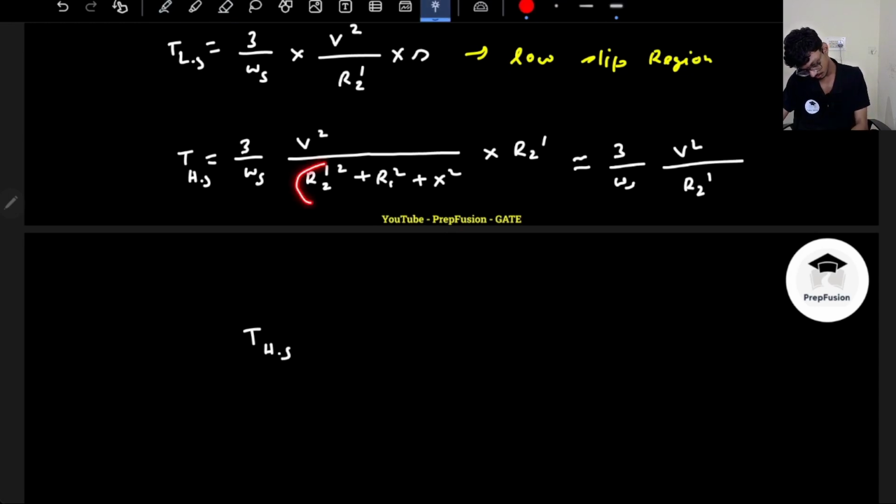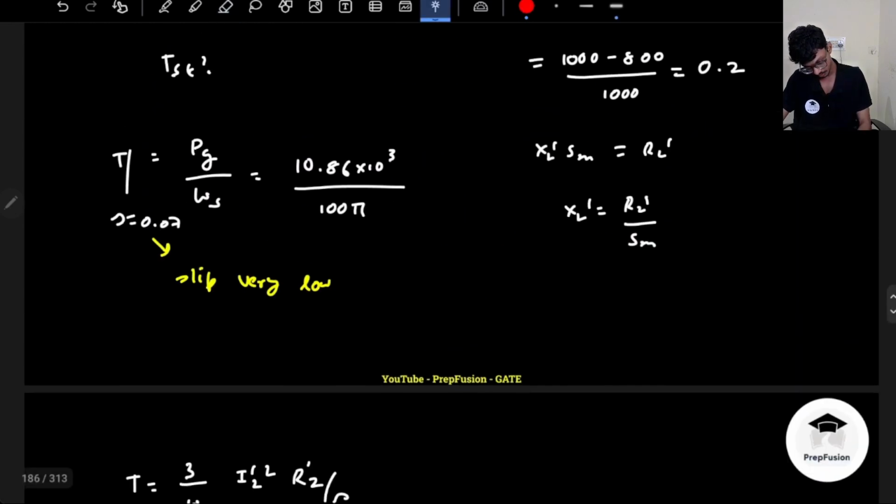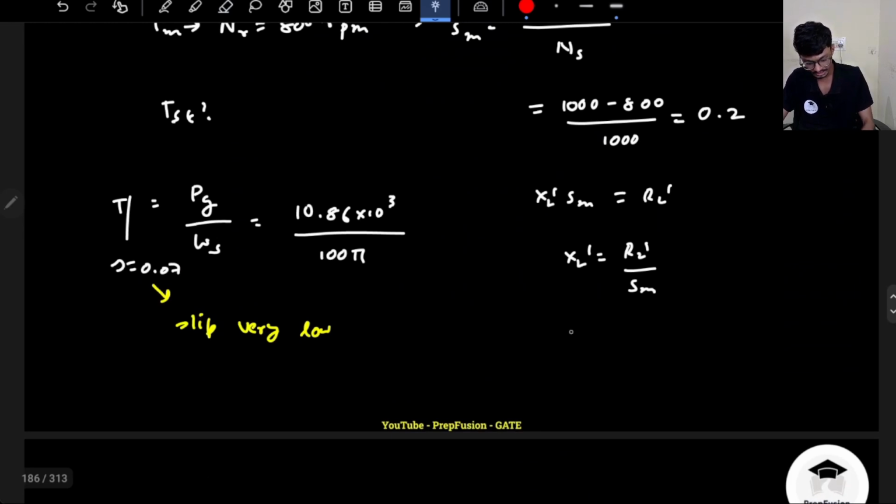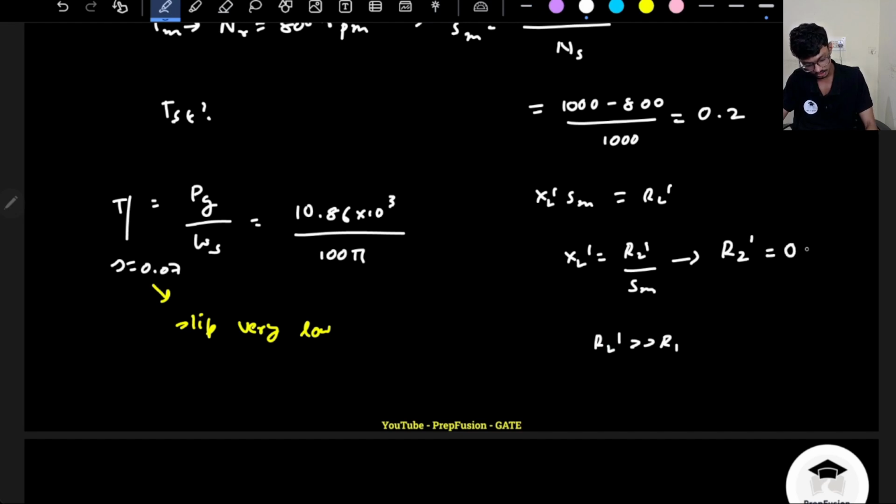If I assume the rotor resistance is dominating over the stator resistance, because nothing is mentioned. But here they have mentioned this maximum torque value. So from here I can find that rotor resistance is 0.2 times standstill reactance. So actually it is not much greater than standstill reactance. Standstill reactance is still very high.